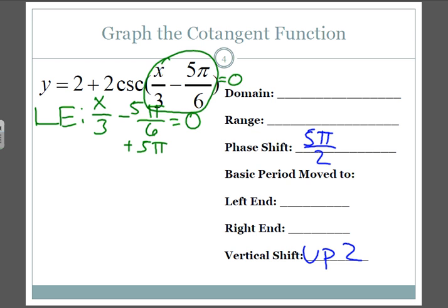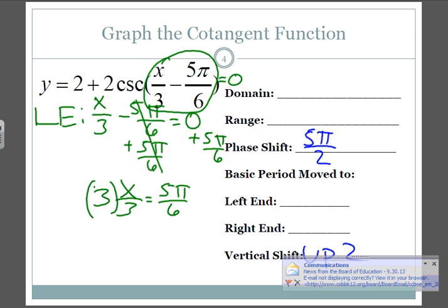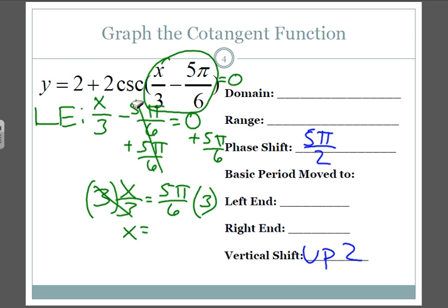Add 5 pi over 6 to both sides, and you get x over 3 is equal to 5 pi divided by 6, multiply by 3 on both sides, and you get x is equal to 5 pi over 2. So that is my left end.